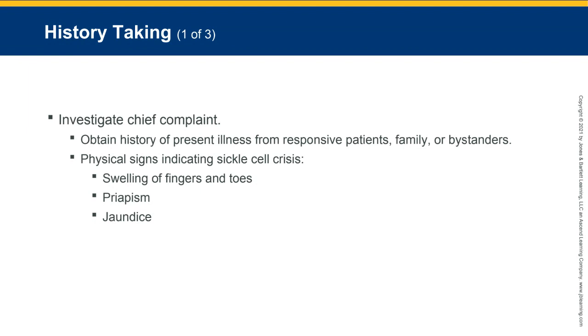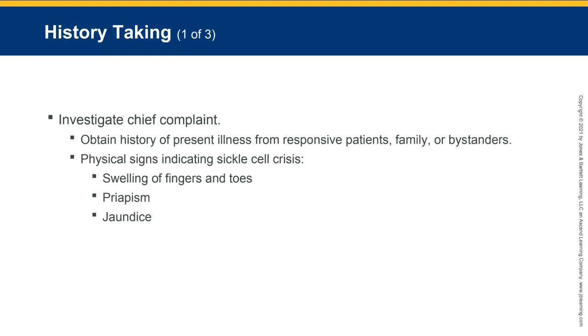If the patient is not communicating, then you move up your vitals, consider physical findings, and make sure you include pupils, pulse oximetry, and glucose reading. So investigate the chief complaint. Obtain a history of presenting illness from responsive patients, family, or bystanders.